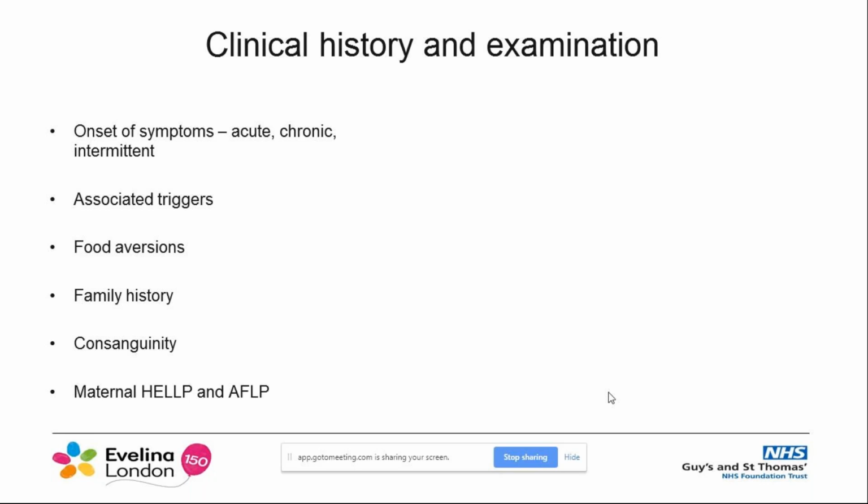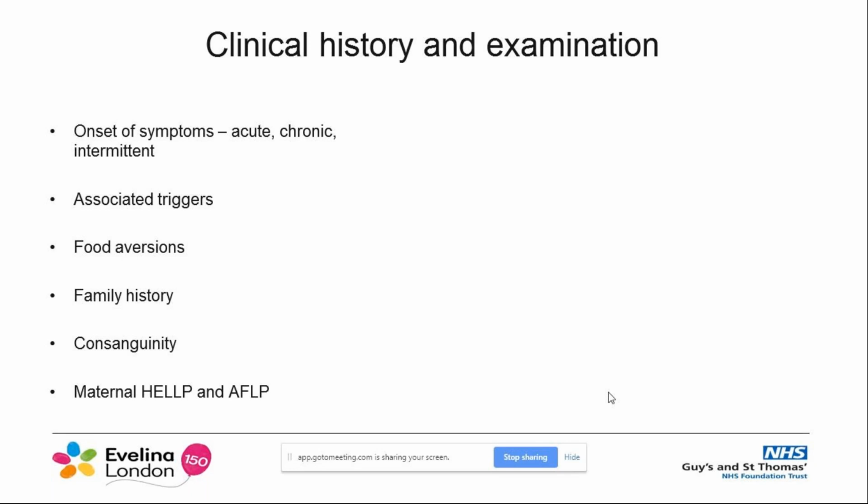There may be associated triggers, so episodes of intercurrent illness, fever, anything that is associated with fasting or induces catabolism essentially. There may be a history of specific food aversions, so for example for urea cycle defects, proteins, for hereditary fructose intolerance, aversion to fructose or fruits and sweets, and then those children tend to have fairly good dentition, out of keeping with the norm.